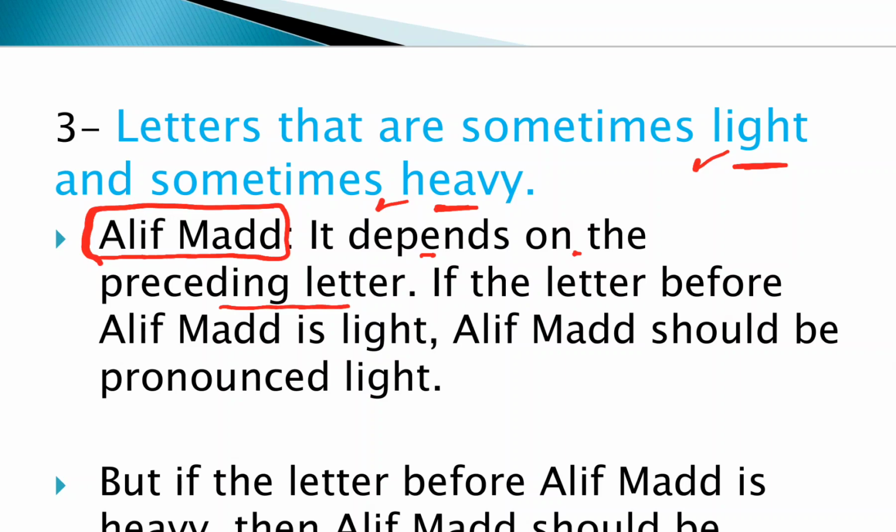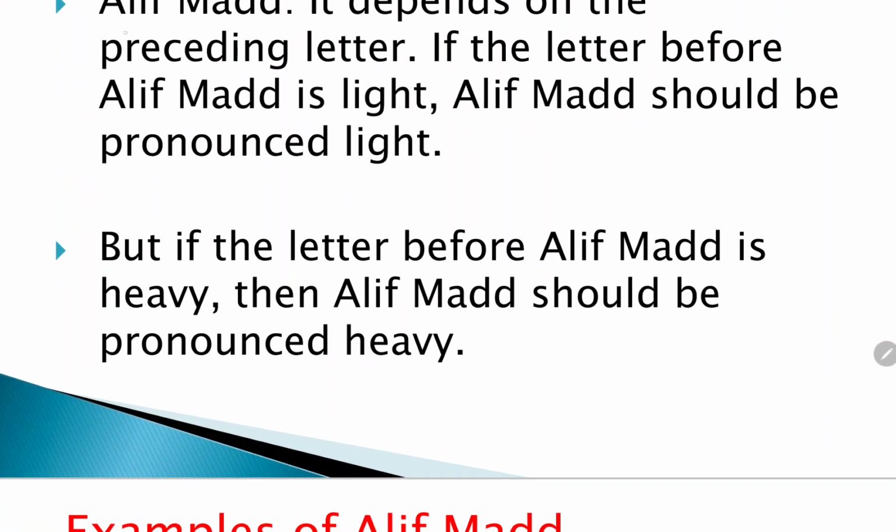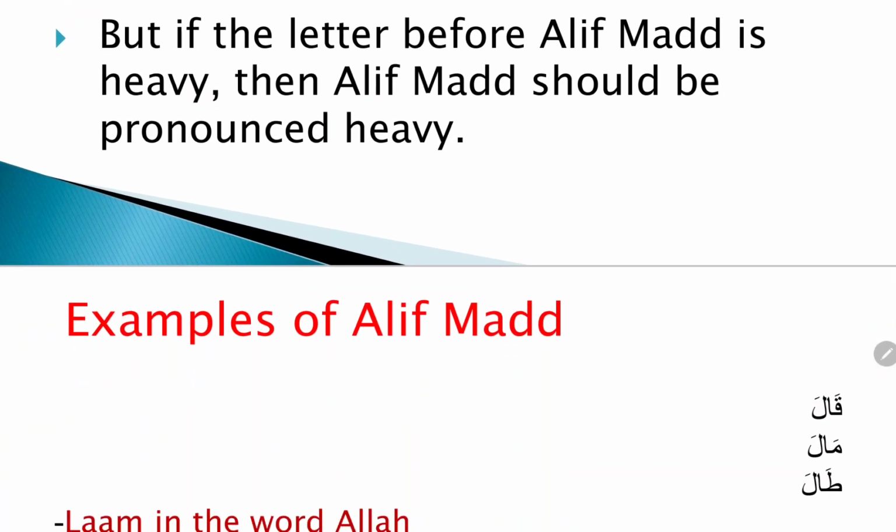If the letter before Alif Mad is light, here the Alif Mad should be pronounced light. But if the letter before Alif Mad is heavy, then Alif Mad should be pronounced heavy. Let's explain it with examples.